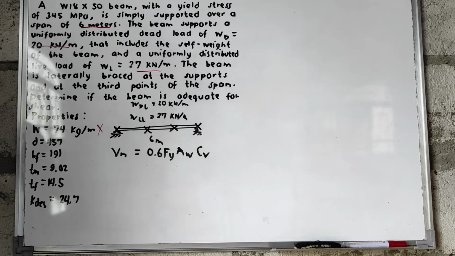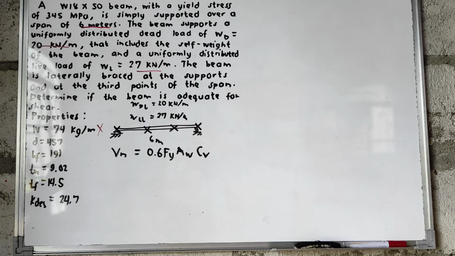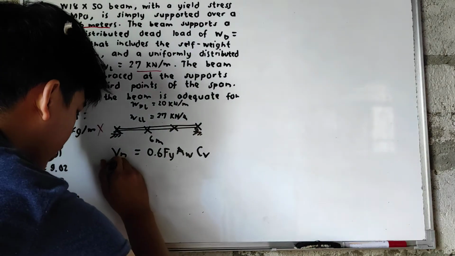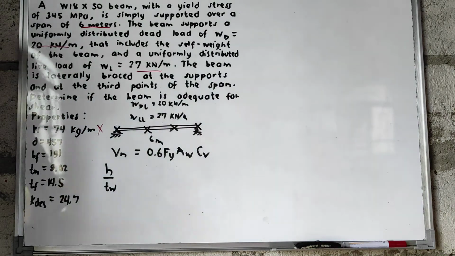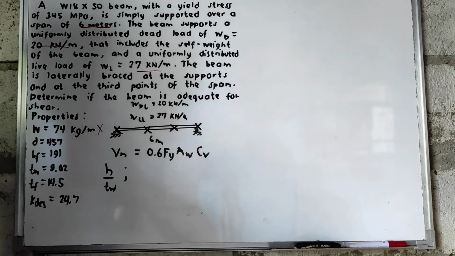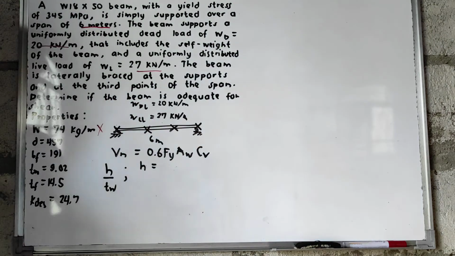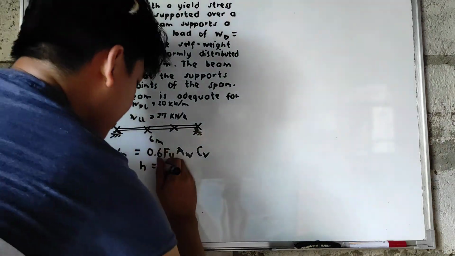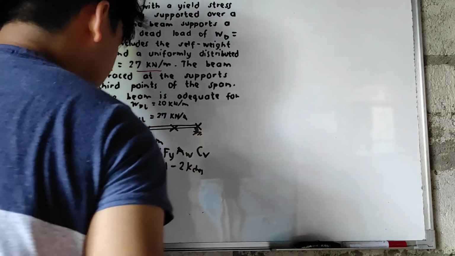For webs of rolled I-shape members, we are going to check muna yung h over tw natin. So h over tw. So for this one, para mahanap natin yung value ng h over tw natin, kunin muna natin yung value ng h natin. So that is d minus 2k design.